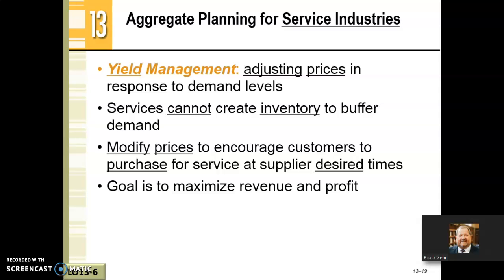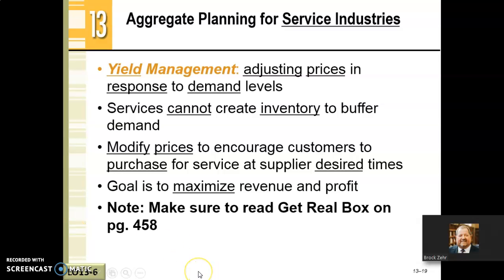You'll see this with sporting events, with concerts, restaurants that have specials on off nights or off times to, again, try to build demand during those times where supply is there but demand is low. Make sure you read the case on page 458 that explains how yield management works. It's a great example, additional examples that will supplement our discussion here.